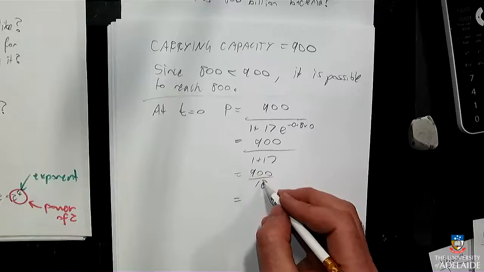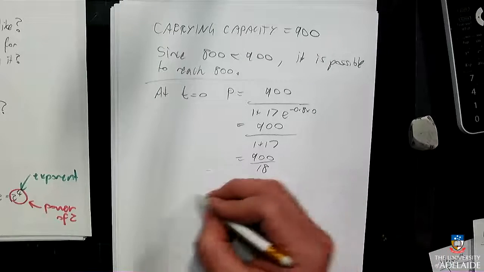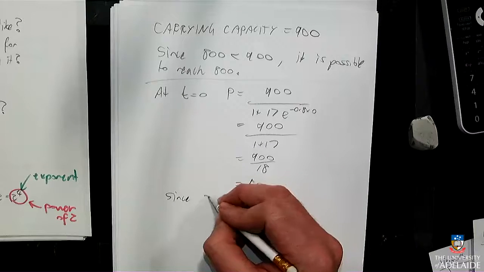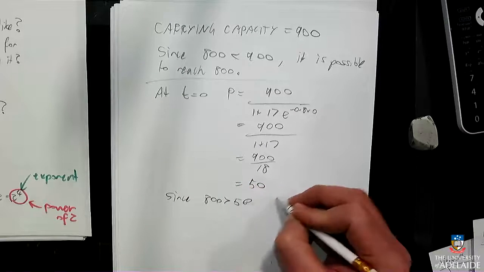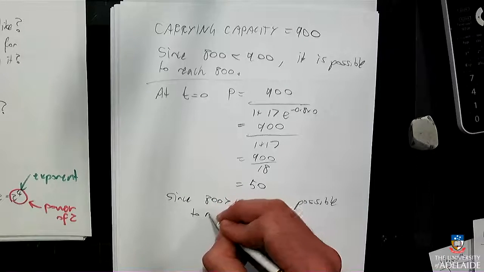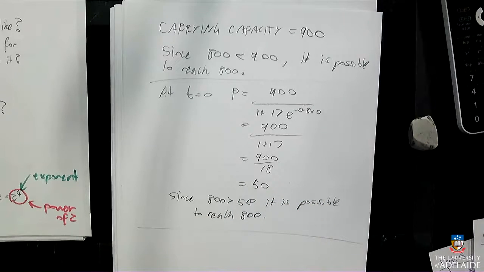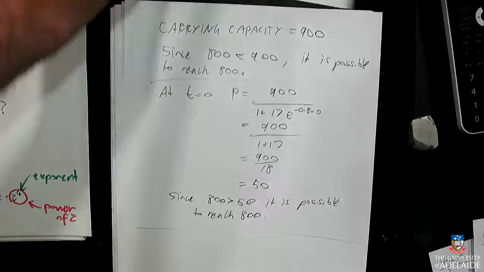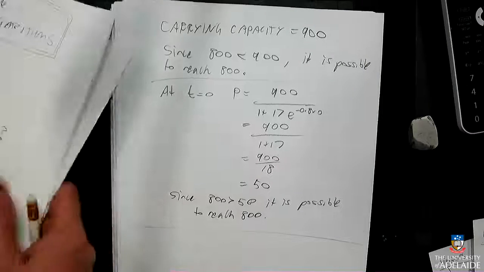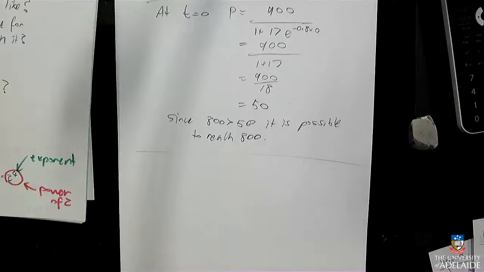So 900 over 9 would be 100, and then another 2. Since 800 is greater than 50, it is possible. We need to know both of those bits of information, or even if it was less than 50, it's supposed to be a growing population. It's not going to get to 50. So that's great. 800 is between what it starts with and the maximum it can possibly get, so it must be possible to get to 800, and so now I'm going to solve the equation.